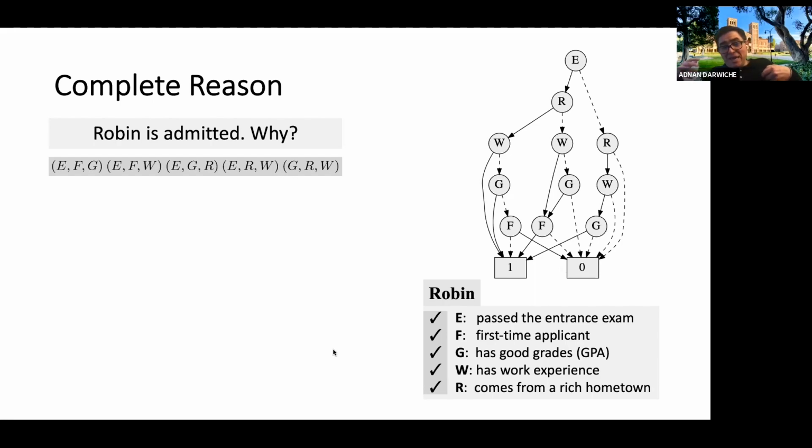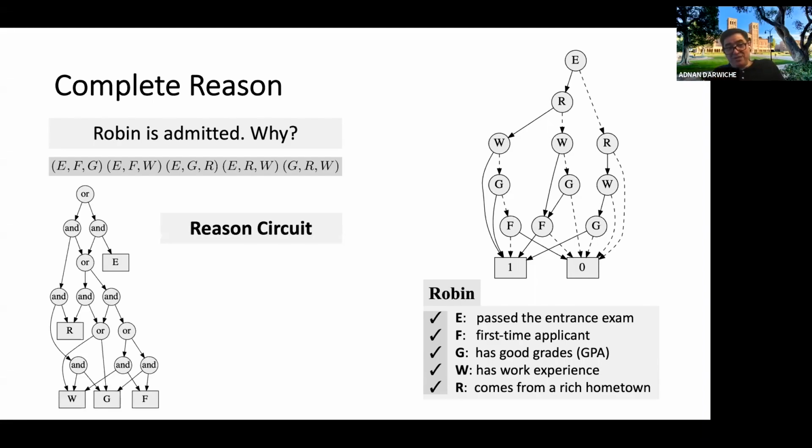Now, instead of enumerating these, as I said, I'm going to grab a function that represents their disjunction, and that's what we call the reason circuit. And this happens to be a reason circuit. This circuit, as a representation of a Boolean formula, is equivalent to the disjunction of these 5 things. And here's the surprise. If your classifier is represented using a circuit of an appropriate type, a tractable circuit, I can get you the reason circuit in linear time.